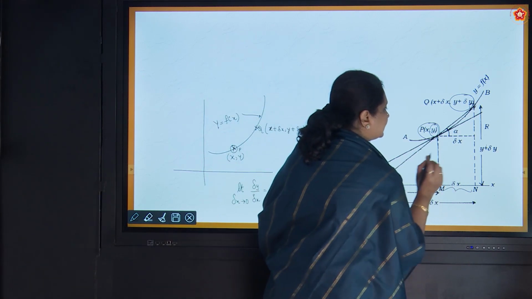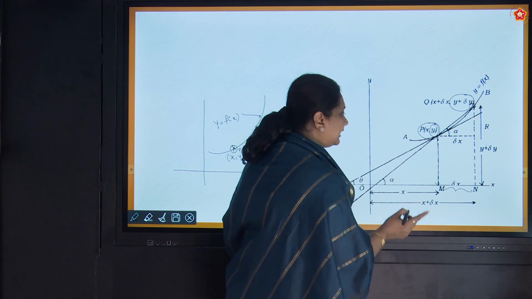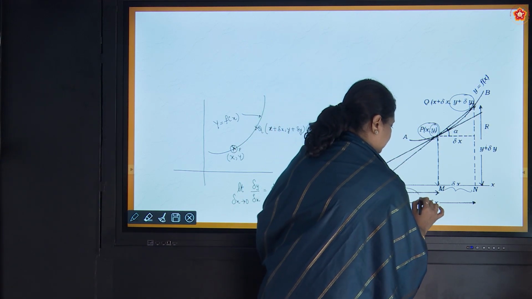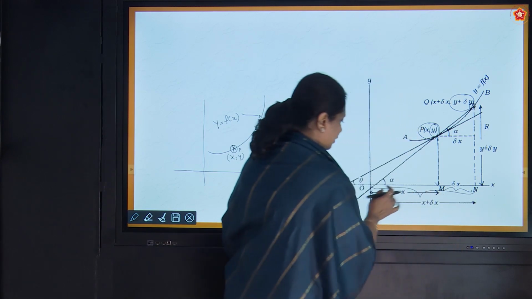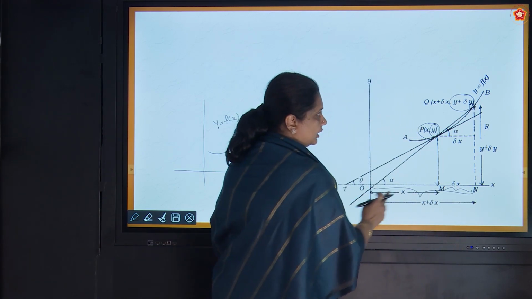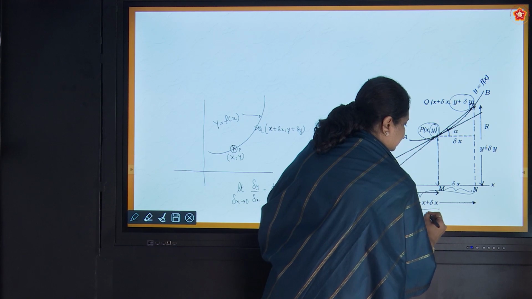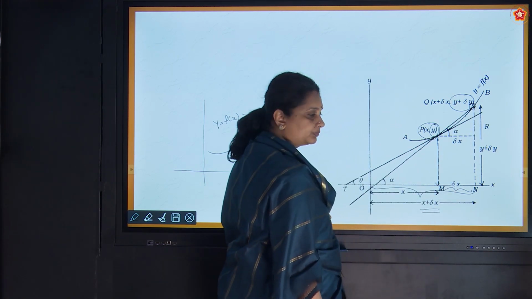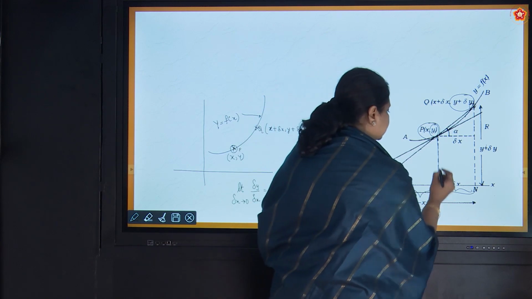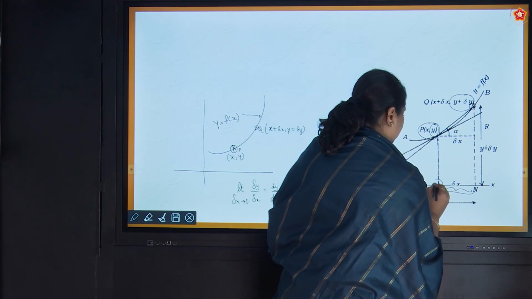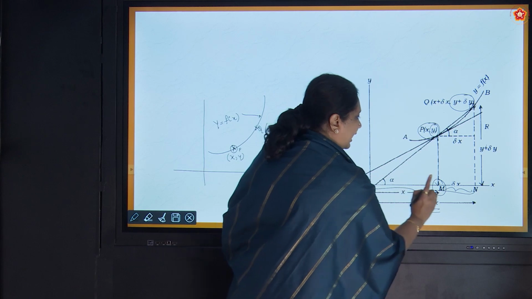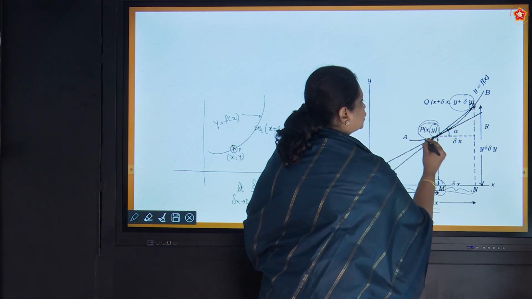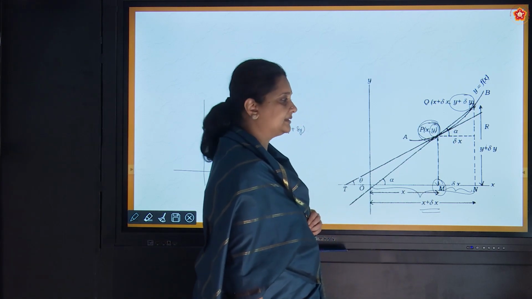So what is delta x first? The distance ON from O is going to be x plus delta x, considering the position of Q. And the distance OM is going to be x, considering the position of P. That's x comma y.